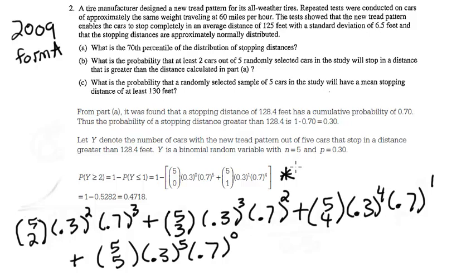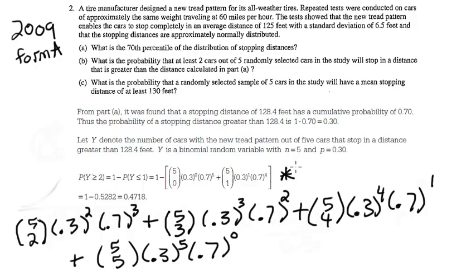So remember, the key idea here is that the stopping distance of 128.4 is the 70th percentile. So that means there's a 70% chance that the car stops in a distance shorter than that, and 30% that the car stops at a distance greater than that. So there's only those 2 outcomes.